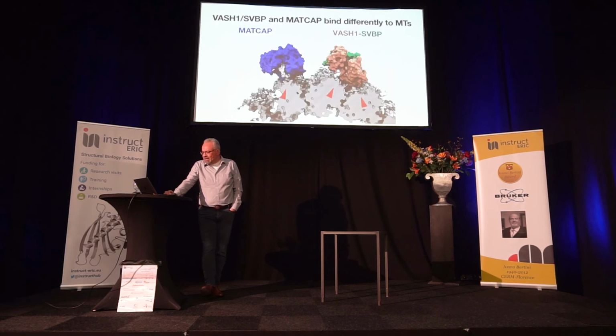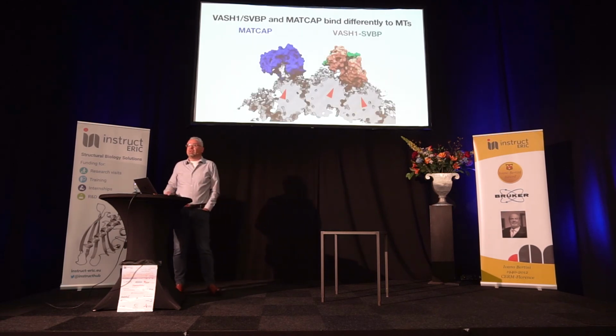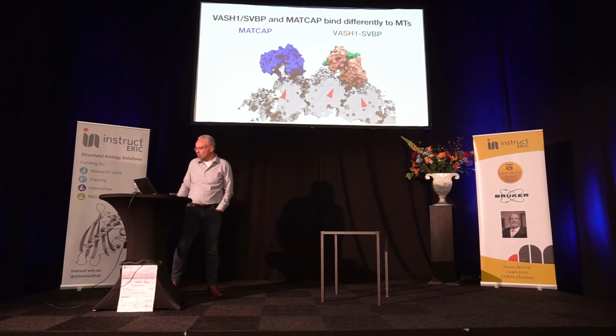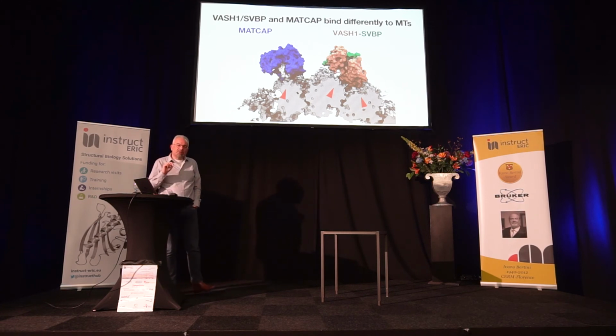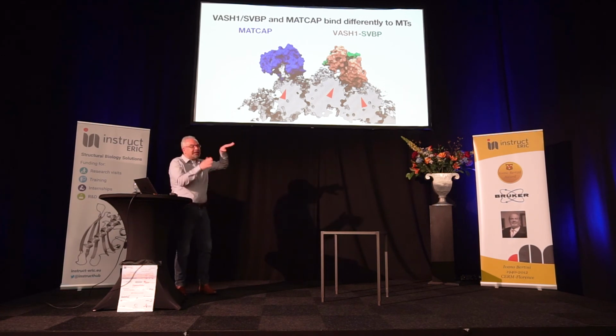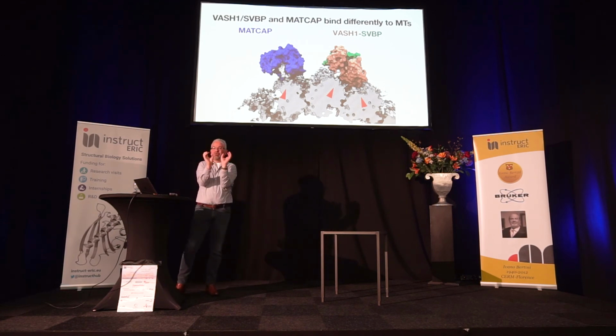In the meantime, while we were doing that, there was another group that actually solved the VASH1 structure on microtubules, the VASH1-SVBP structure on microtubules. And it's fun because they had an easier time with their mechanism, because VASH1-SVBP, which also prefers microtubules, is binding in the groove between two neighboring protofilaments.